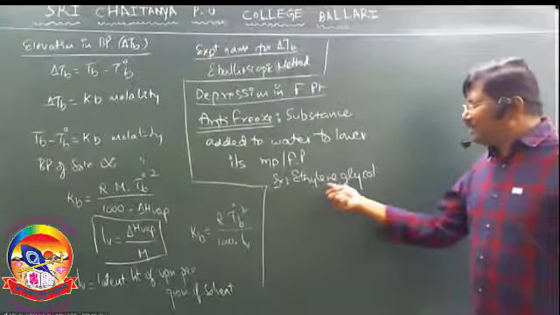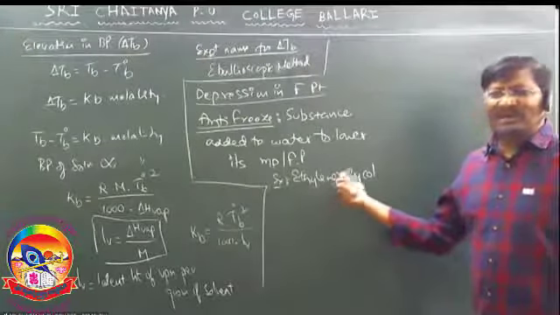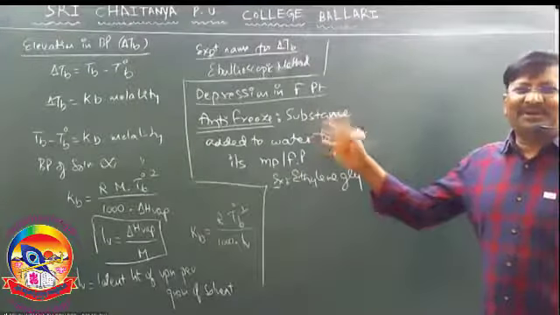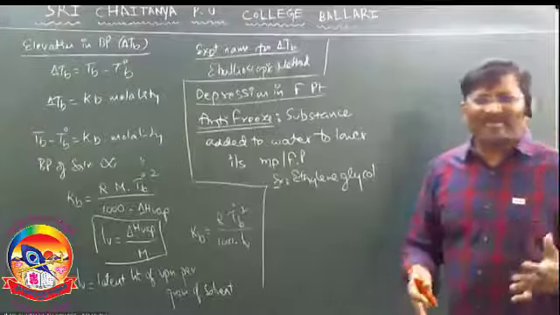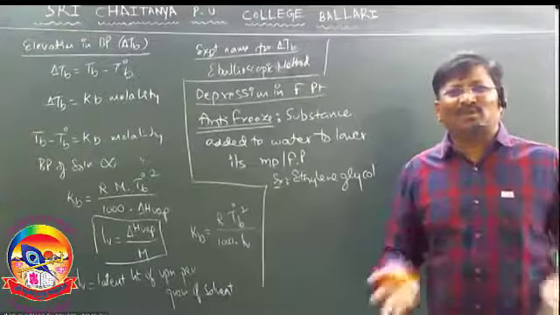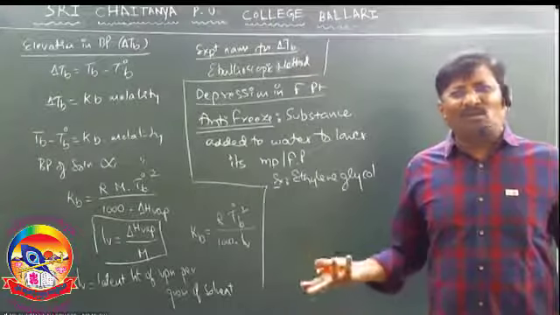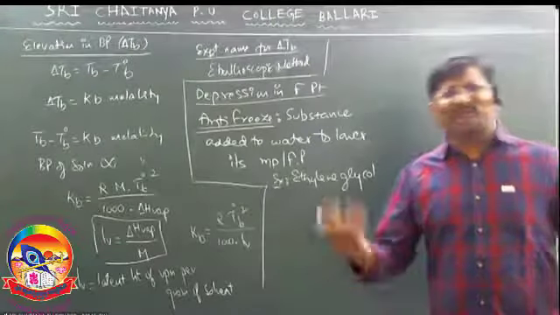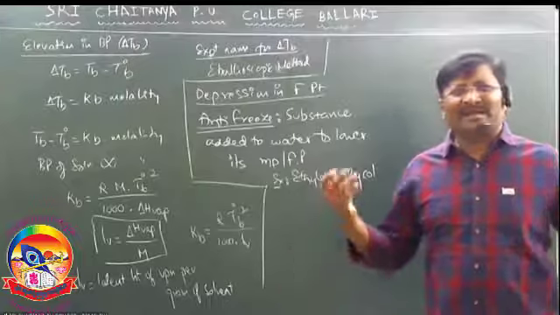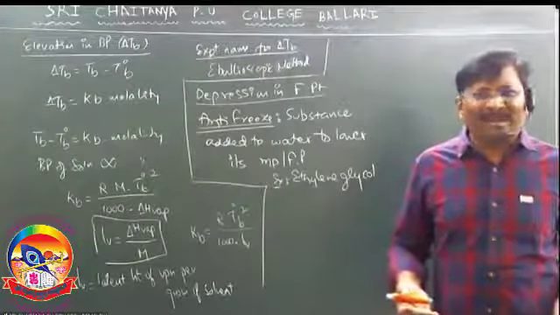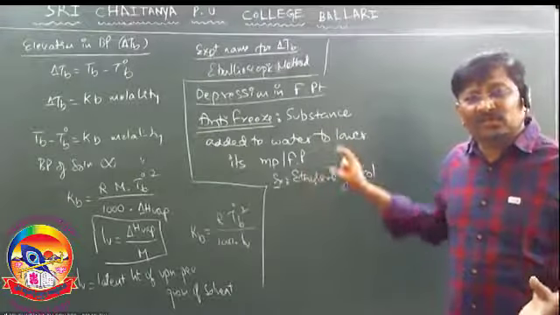So when this glycol is added, with two OH groups, hydrogen bonding will be there. When it is added to water, it is miscible with water. Therefore, it forms a solution. So water's freezing point will be lowered, and the water will be in liquid state only. The solution will be in liquid state and it will be used for the required purposes. Right? Antifreeze. This is most important.